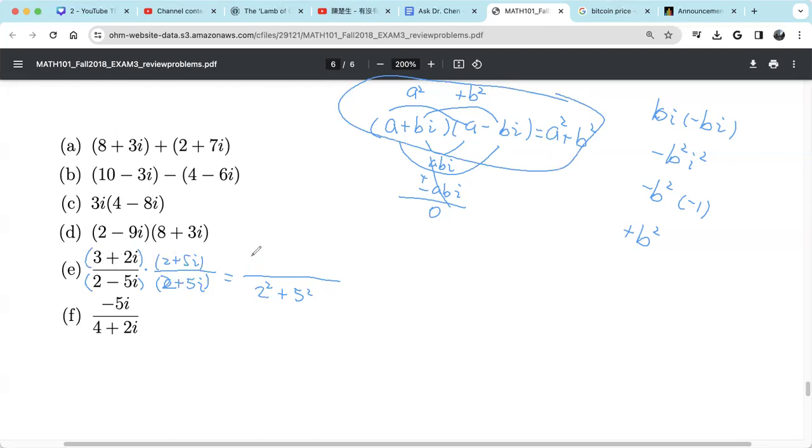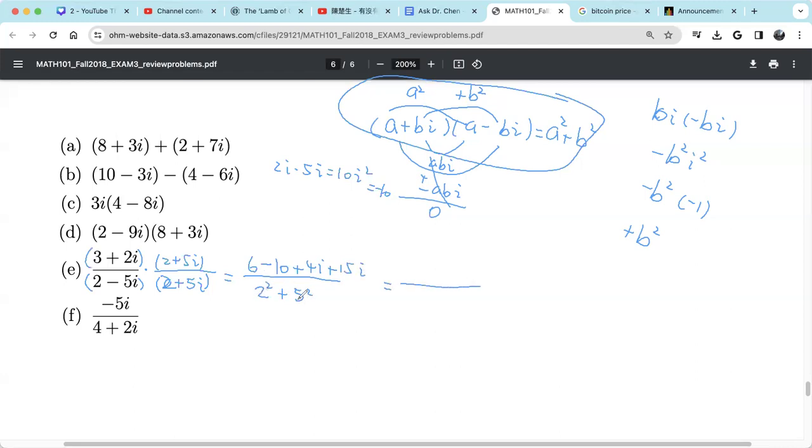Do 3 times 2, 6. 2i times 5i, that's -10, right? Because 2i times 5i is 10i squared, and i squared is -1, so we get -10. Then 2i times 2 is plus 4i. 3 times 5i, positive 15i. Let's simplify a little bit.